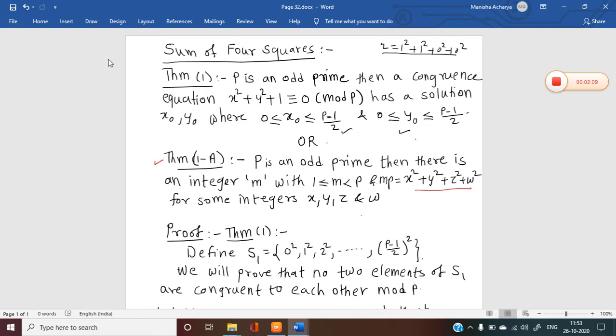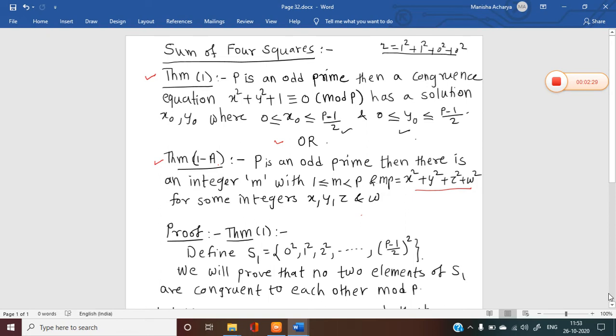But still I have written it as "or", because if the theorem 1a is asked, then first you have to write down the proof of the theorem 1, and then you have to continue the proof of the theorem 1a. And therefore here both the theorems I have written as one part only.